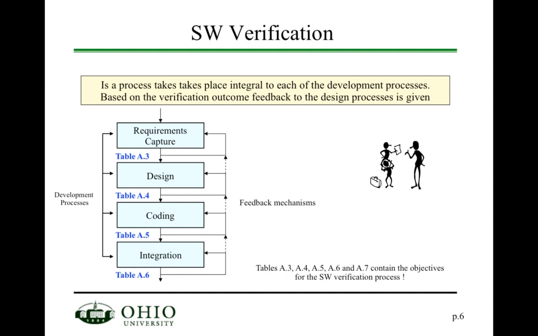And of course, in the end, the code will be compiled and integrated with the hardware. Now, in all these cases, the verification processes are taking place in parallel, and what you hope is that there's a feedback mechanism where you try to detect errors and then fix them in your development process.